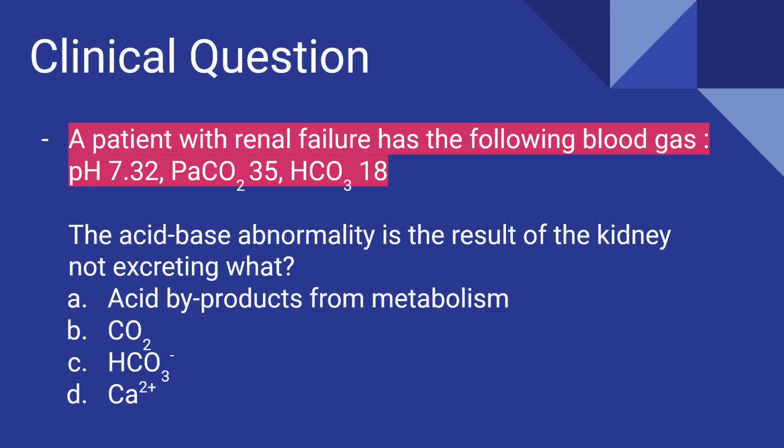Okay, that would be expected with somebody in a metabolic acidosis. So this acid-base abnormality is the result of the kidney not excreting what? A, acid byproducts from metabolism, B, the kidney not excreting CO2, C, the kidney not excreting bicarb, or D, the kidney not excreting calcium.